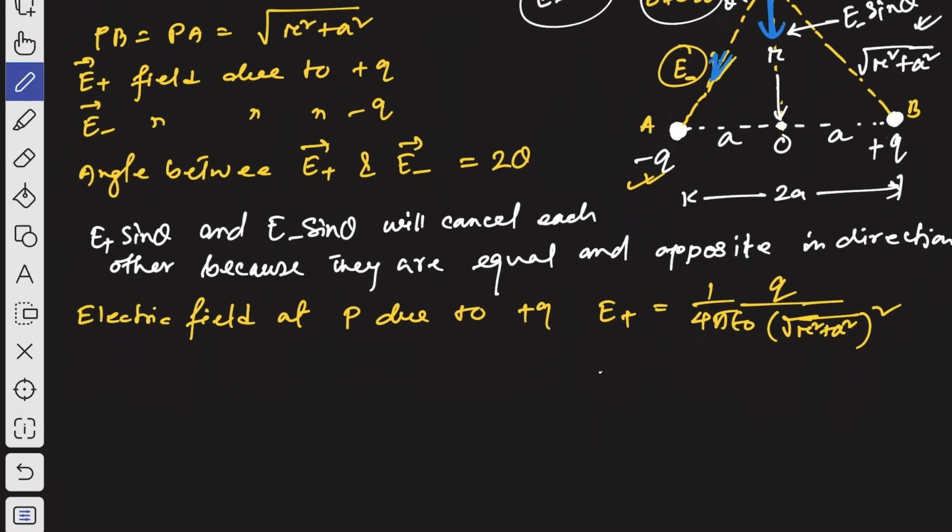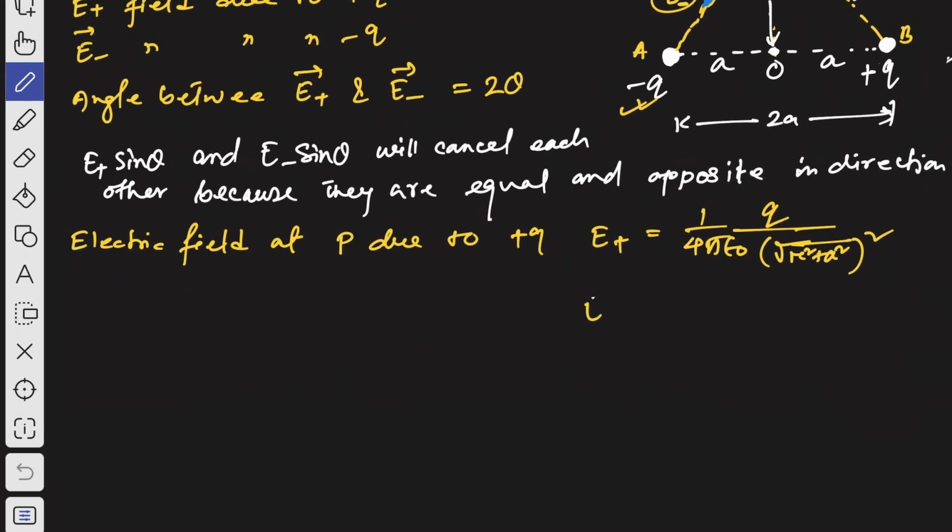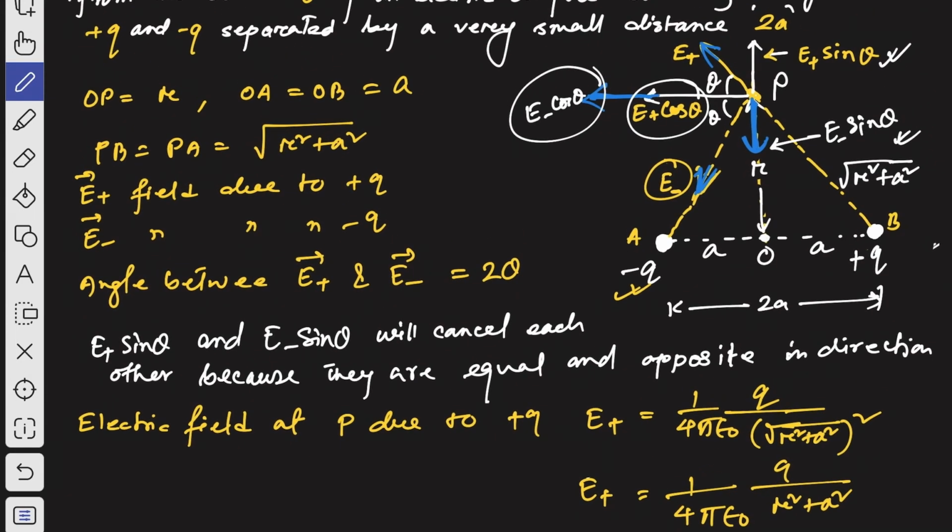On squaring, the root will be gone, so you can write E positive equals 1 by 4 pi epsilon naught q by r square plus a square.